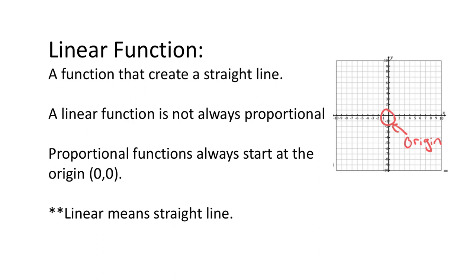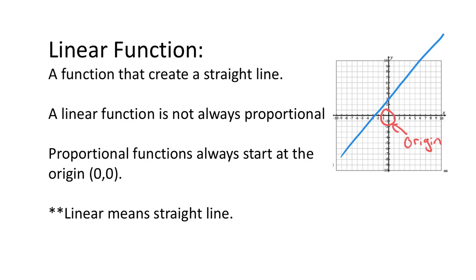If it does not go through the origin, maybe it's just a straight line going this way, then it is just a linear function, but it is not proportional because it crosses the y-axis right here at 3. Here's the y-axis. It does not go through the origin, so this one is not proportional.